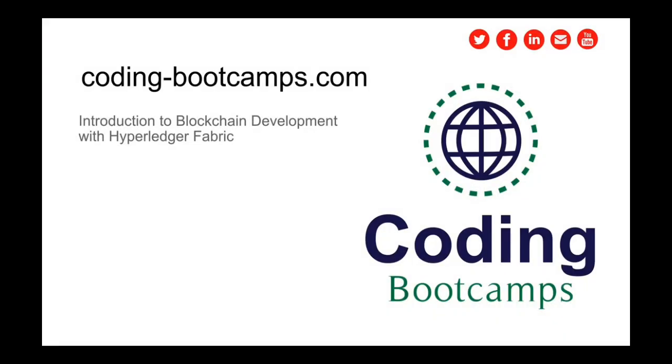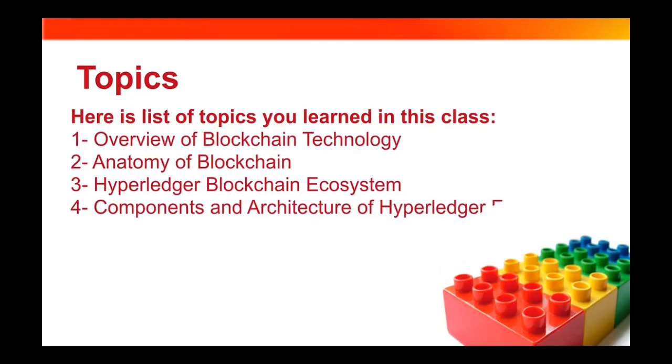Welcome again. I congratulate you for finishing this course, Introduction to Blockchain Development with Hyperledger Fabric by Coding Bootcamps. In this course, you have learned the overview of blockchain technology. You have seen the anatomy of blockchain technology. You have seen the Hyperledger blockchain ecosystem. You have got an in-depth understanding of Hyperledger Fabric components and the architecture of Hyperledger Fabric.